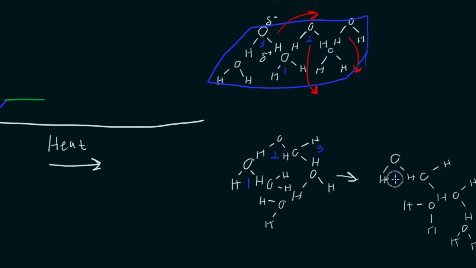And so after a little bit, let's say this is 1 and this is 2 and now this is 3. So these molecules start to move past each other. They start to slide around. But there is still this difference in dipoles. We still have a negative dipole on this oxygen and a positive dipole on this hydrogen. Let's draw that a little better. And that's still going to hold these near each other. So that's why water can flow.